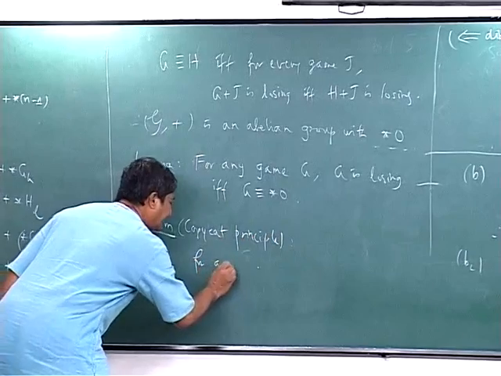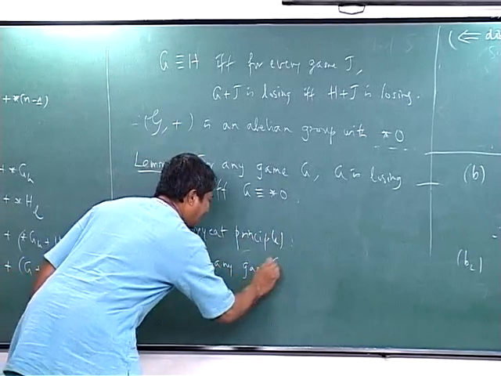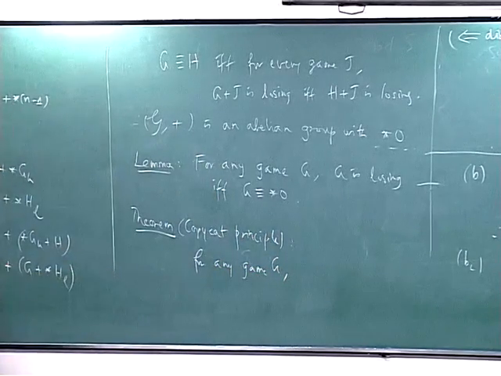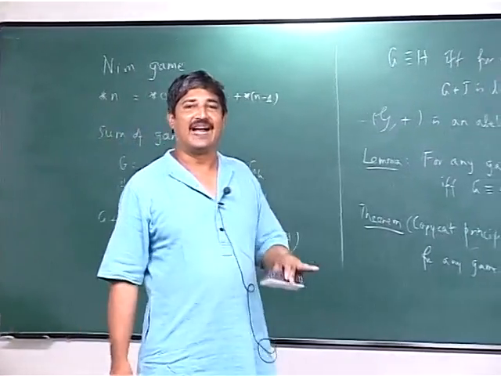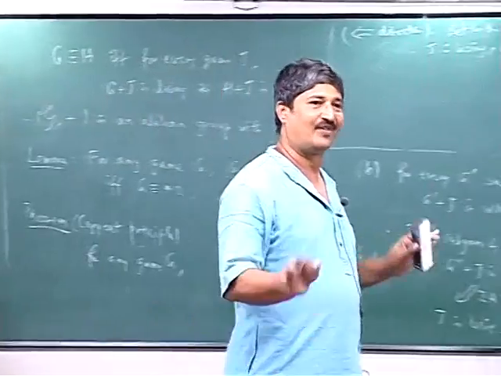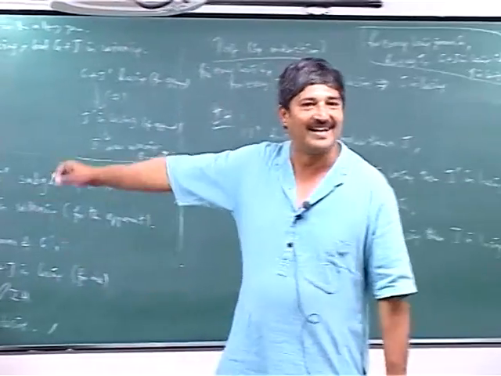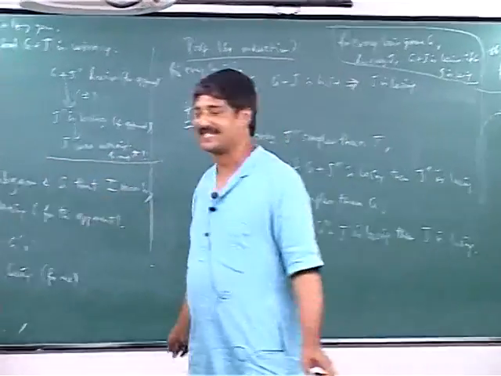For any game G, when I am talking about G in this class, it can be generalized to any partisan games of perfect information, 2 players, zero sum, etc., but I am not doing that. I am talking about any nim game G.